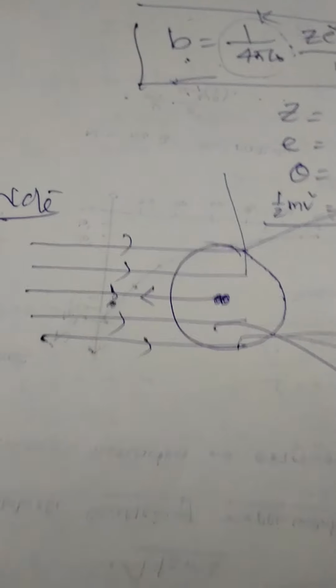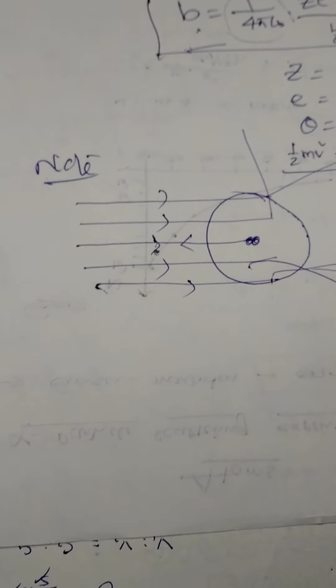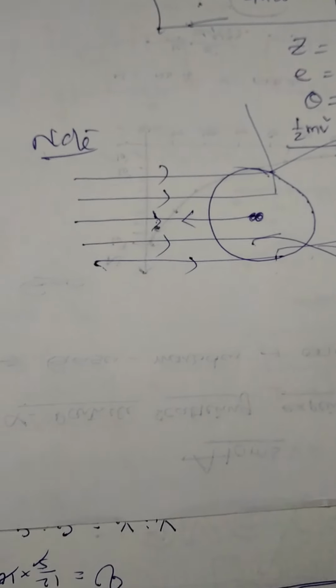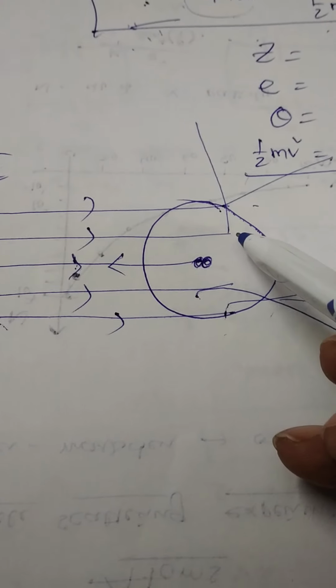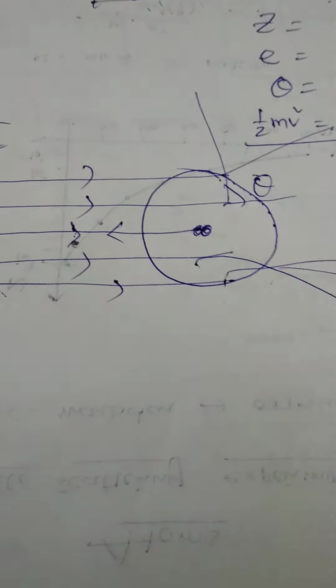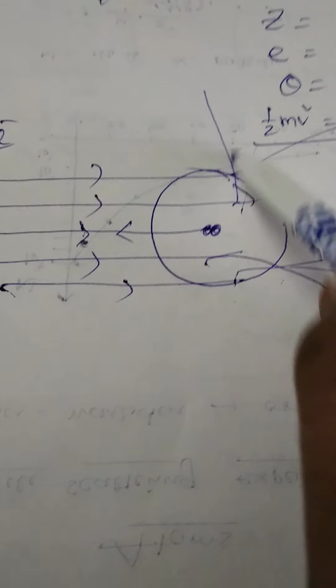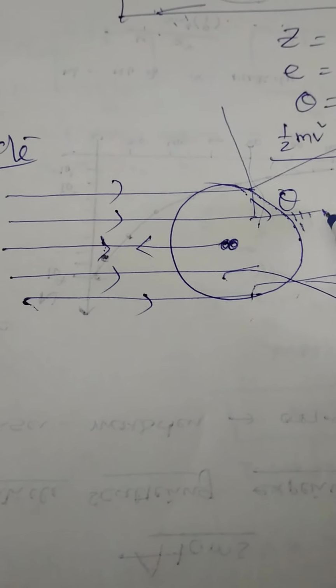But experimentally it is proved how many alpha particles are scattered at an angle theta. Suppose the angle of scattering for the given particle is theta. How many alpha particles are scattered at this particular angle?